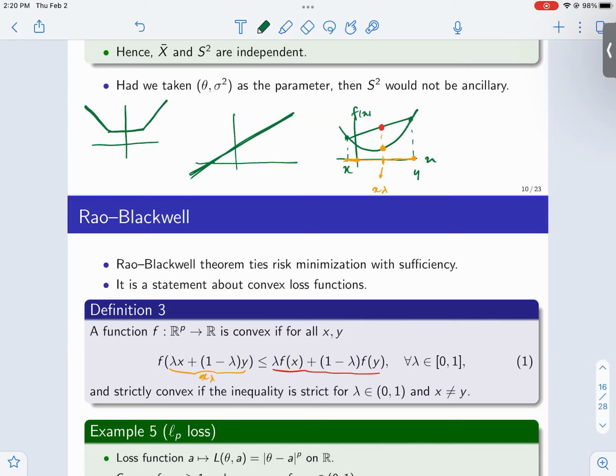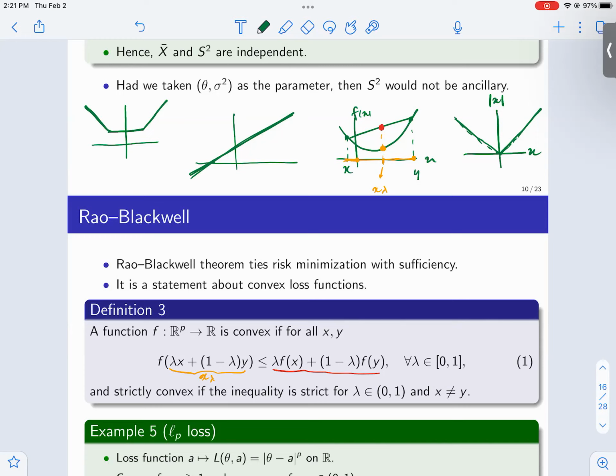The L1 norm, right? That's probably the favorite kind of function. If you're a statistician, the L1 regularization. This is a convex function, but it's not strictly convex. This is the absolute value of x. That's the L1 norm, and in multiple dimensions it would be the sum of the absolute values of the coordinates.